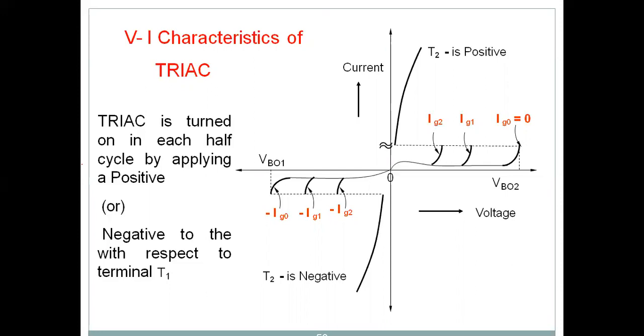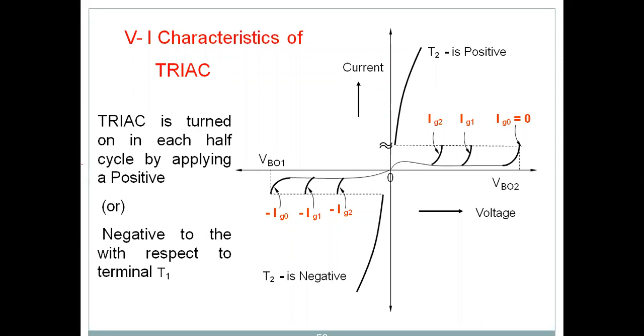The triac can be turned on in each cycle of the applied voltage by applying a positive or negative voltage to the gate with respect to terminal T1.